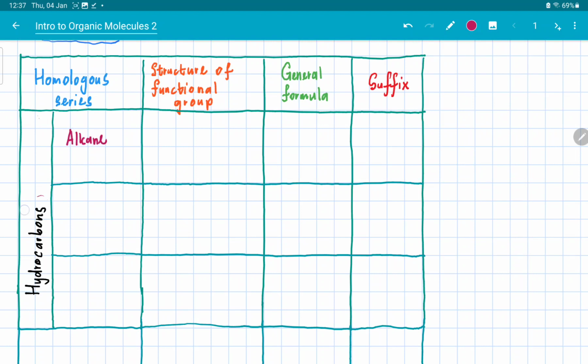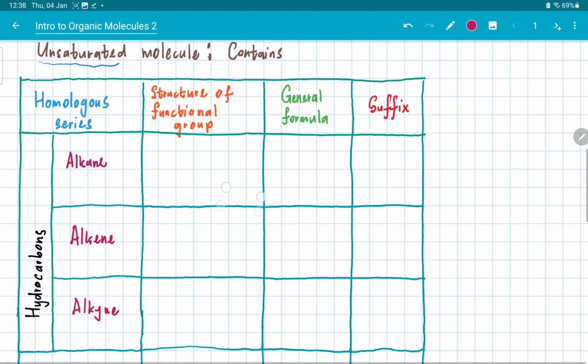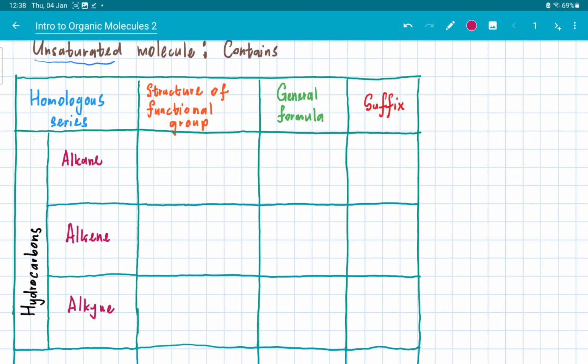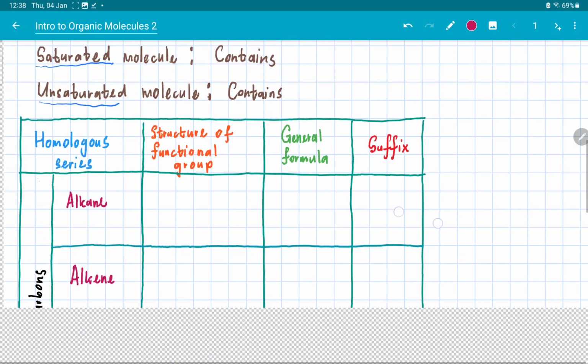Remember, these are called hydrocarbons: alkanes only, alkenes, and also alkynes. Those are your hydrocarbons. Why? Because all of those three homologous series only contain C atoms and H atoms, that is, carbon atoms and hydrogen atoms.